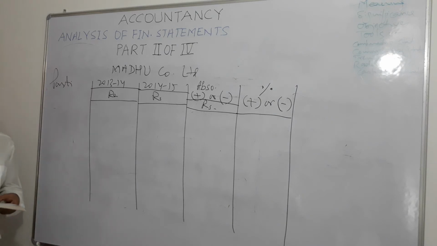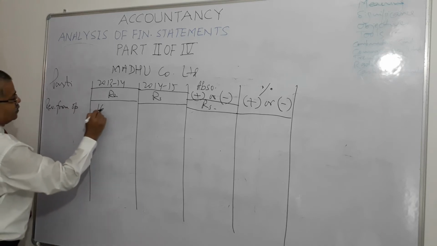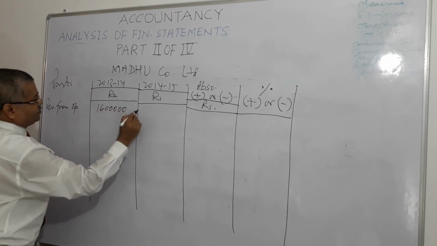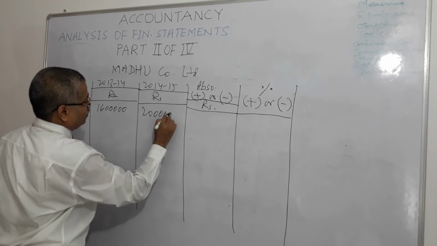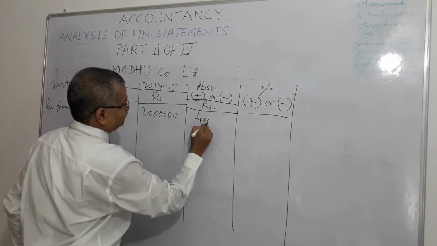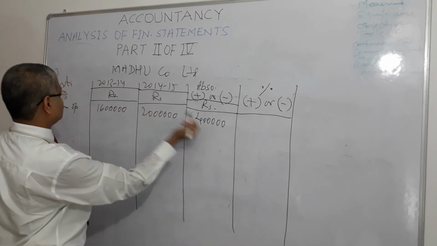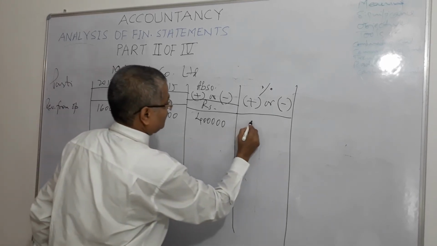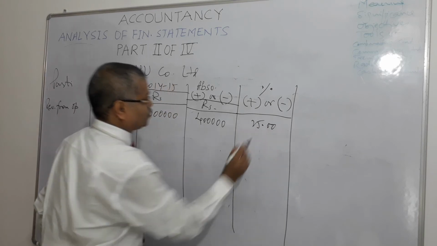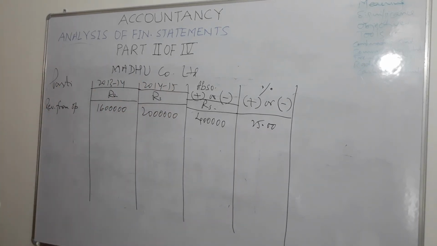Particulars are revenue from operations, 16 lakhs to 20 lakhs. Absolute, and it is how much? 4 lakhs as a percentage of 16 lakhs, 25.00, right? Then employee benefit expenses and other expenses. So what we will do?